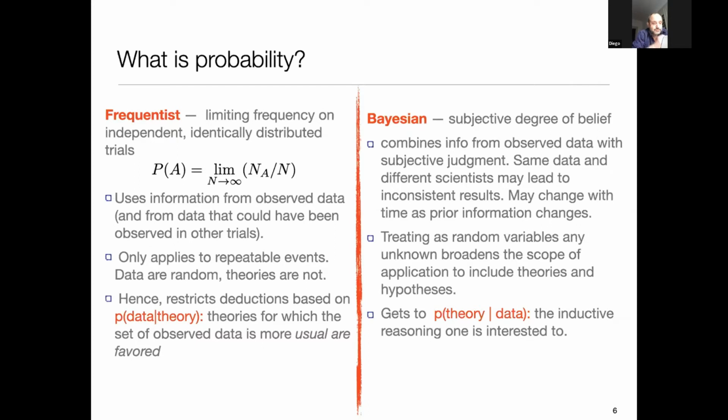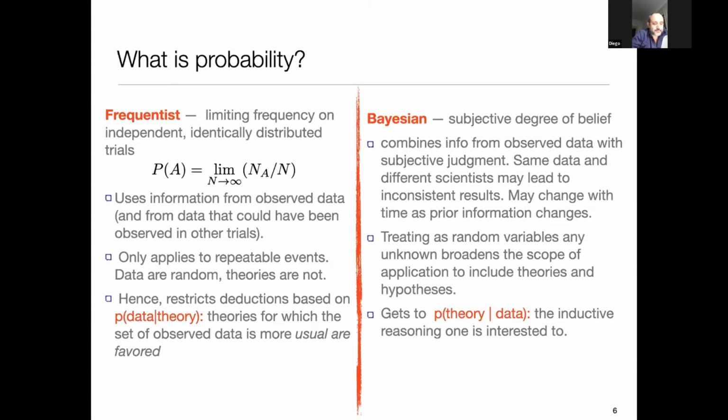So the information that comes from what you know or believe about the problem at hand. And since you are injecting more information, you are achieving a more powerful, a more general definition of probability. But the price you pay is that this more general definition of probability may differ depending on the observer, the person that does the inference. Okay?